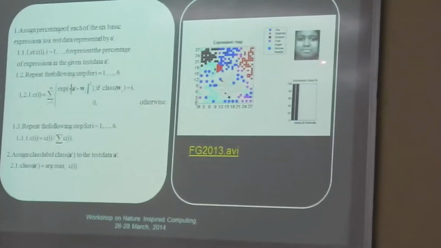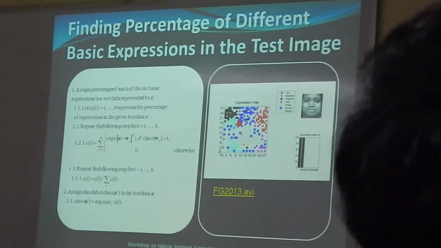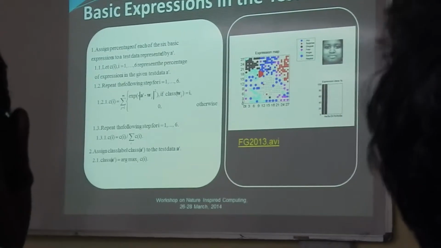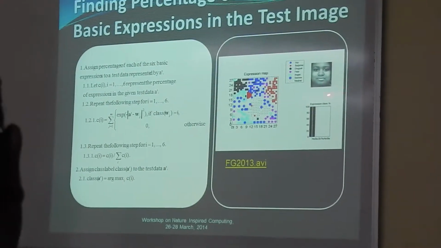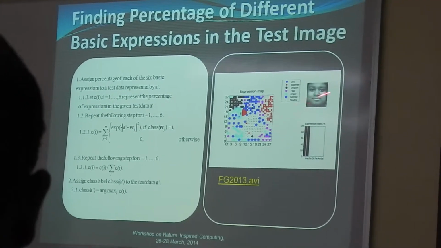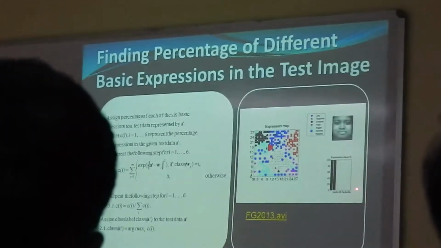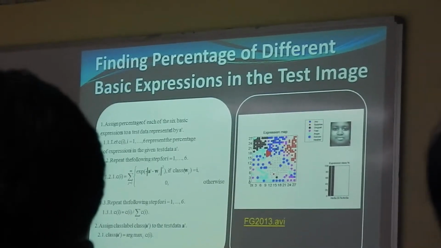And the percentage, this may be a mixed expression. So one may be 30% happy and the rest 70% surprised, like that. So the percentage of each of these basic expressions in the video will be shown here in the form of a bar diagram. So let us see this video then.